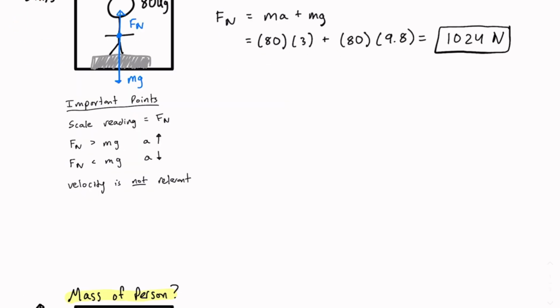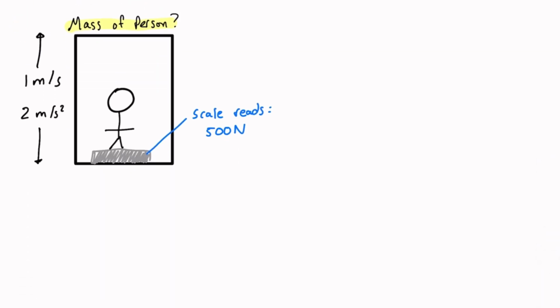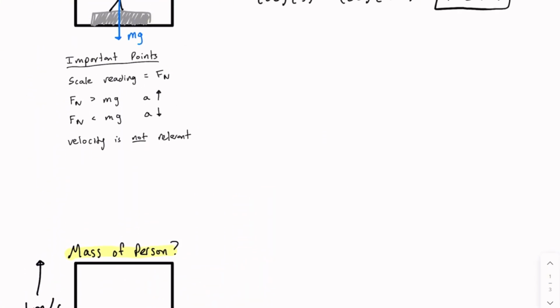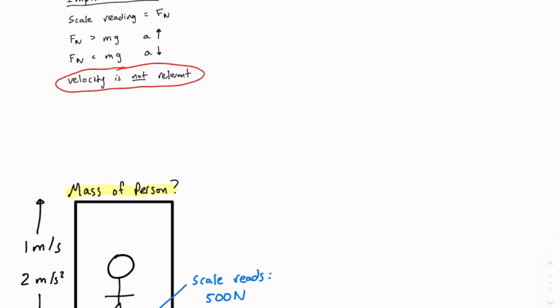Let's move on. In this problem, we're asked to find the mass of the person standing on the scale. We're given a velocity of 1 meter per second upwards and an acceleration of 2 meters per second squared downwards. Again, if we refer to our important tips, we can see that velocity is not relevant, and sometimes it's thrown into problems to throw you off with extra numbers.